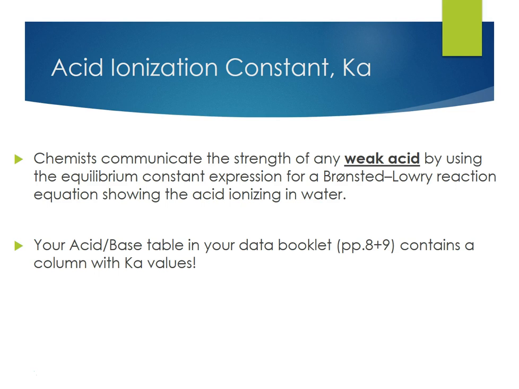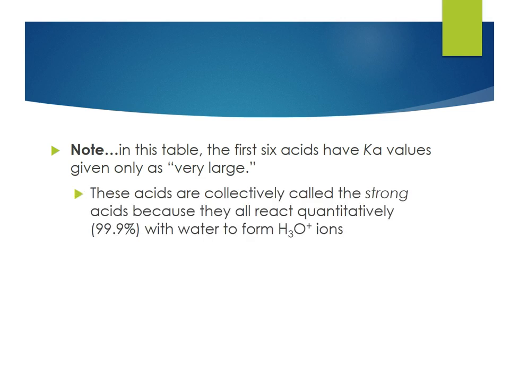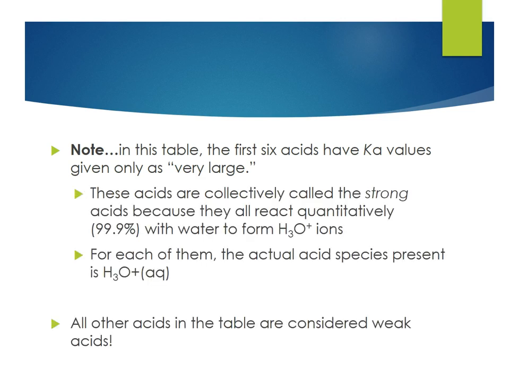When we are looking at balanced reactions for acids, we will use an acid ionization constant instead of the equilibrium constant. These values are in your data booklet on the acid-base table. If you look at the top 6 acids on your acid-base table, you will notice that the Ka value listed is very large.